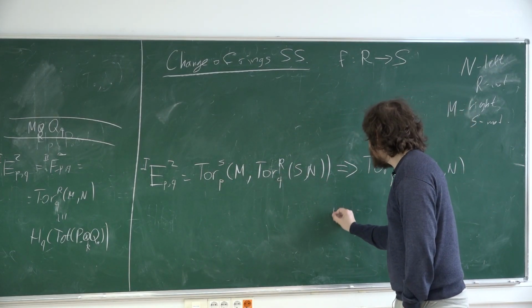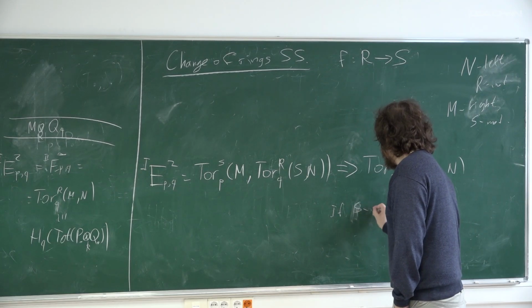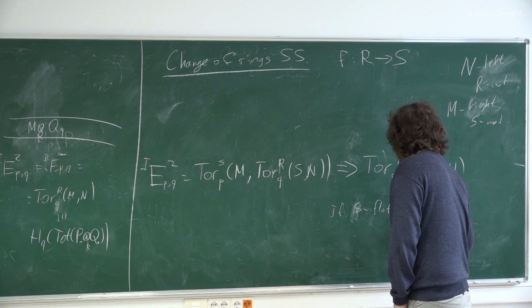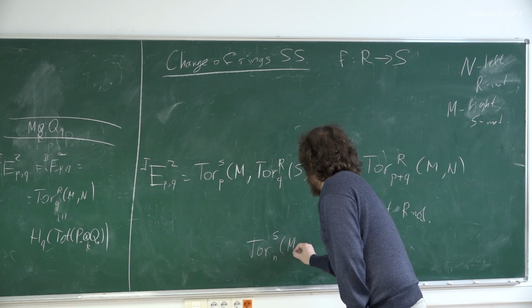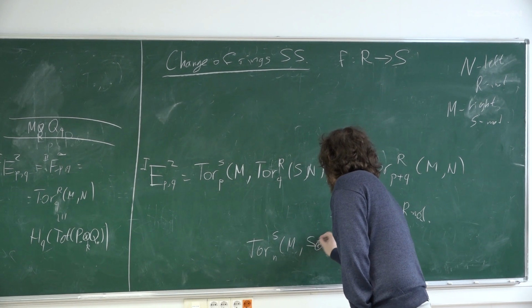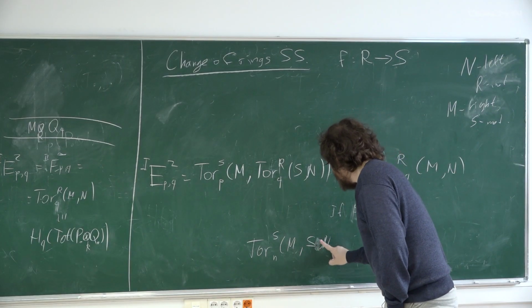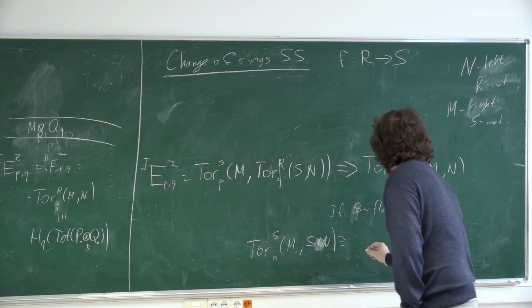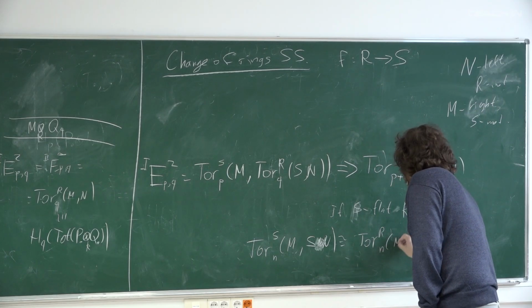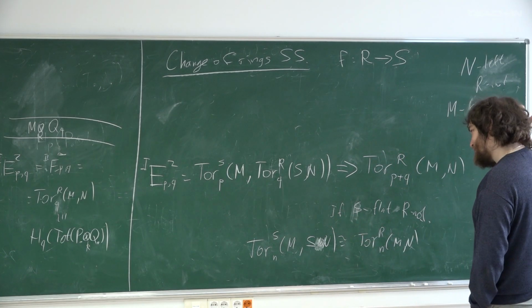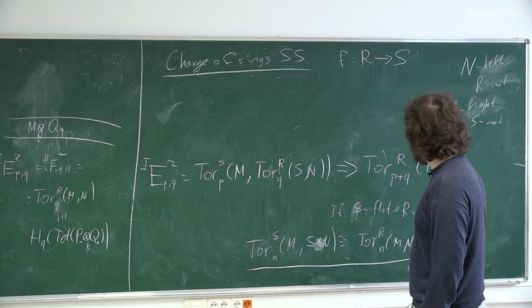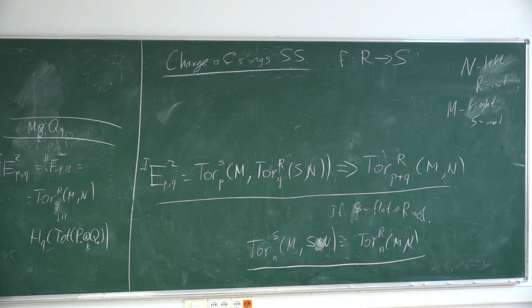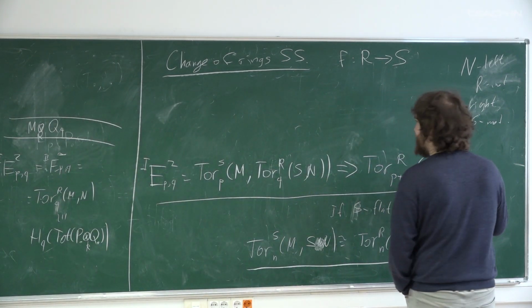If, for example, S is a flat R-module, then you obtain that Tor_n^R(S, M) tensor N is 0 except for n = 0, and Tor is isomorphic to Tor over R. This is in fact more or less obvious from the definition, but it is an easy exercise and this is a generalization. And an exercise: do the similar things for Ext.